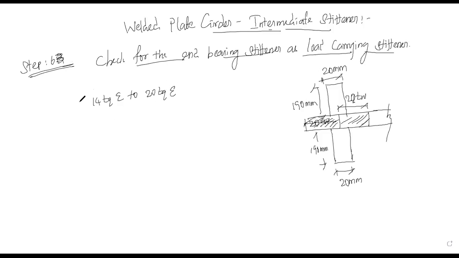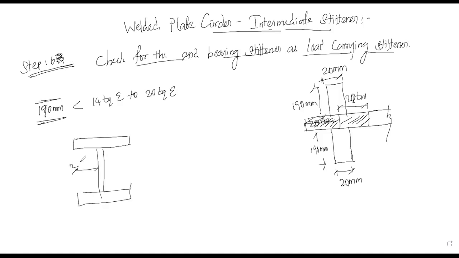Actually we have provided less than the requirement, since if it is flat with respect to its dimension, it is 295 mm. If we provide around 280 mm, it will occupy completely, so it is not an economical section. That's why we chose 190 mm.